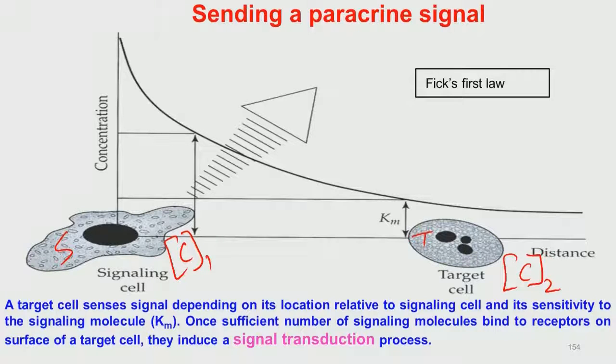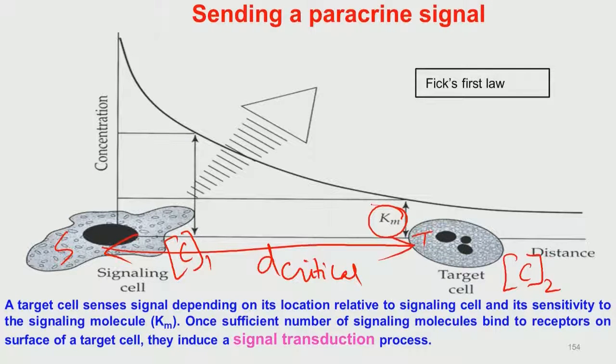So, the question that we are trying to address is, what is the D critical value, so that this concentration Km at the target cell of that specific signaling molecule is still sufficient to activate certain cellular fate processes.